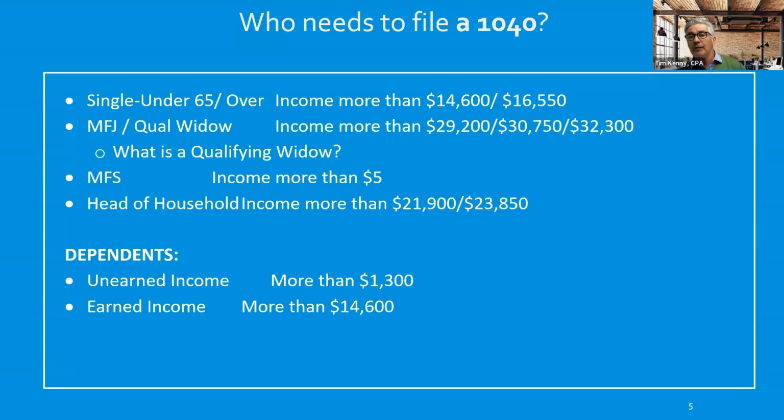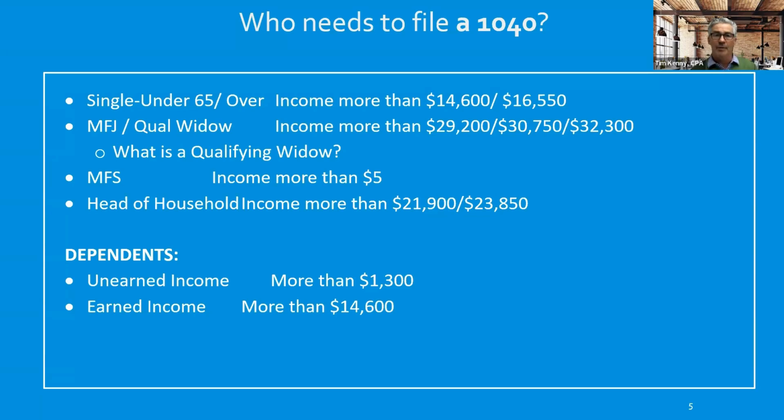If the filer is over 65, that moves up to $16,550. In the case of dependents, if they have unearned income of more than $1,300, they're required to file. If the income is earned, that moves up to $14,600.